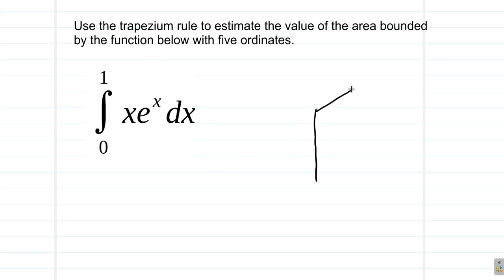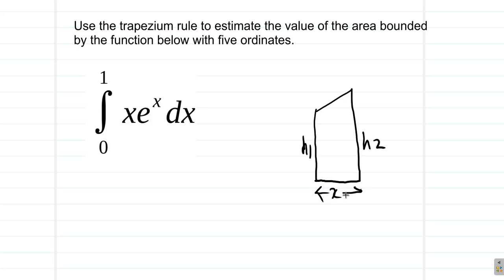Remember, if you have a trapezium, let's say this is H1 and call this H2 and call the width X, since the width would be along the X axis.